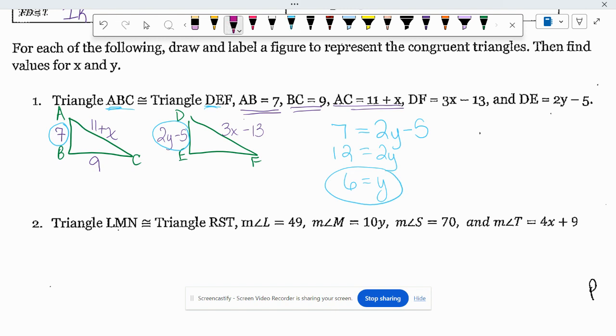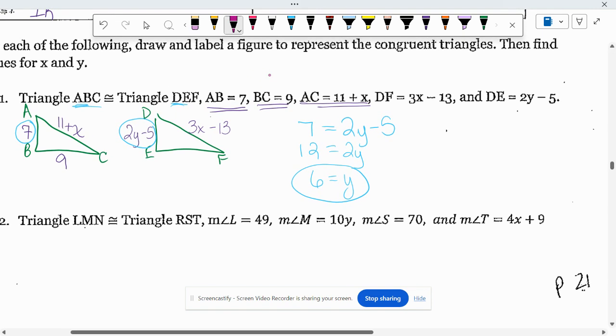Now I have to solve for x. What are the corresponding sides that are going to allow me to solve for x? Yeah, AC and DF. AC is 11 plus x, and segment DF is 3x minus 13. I'm going to subtract x from both sides, and I'm going to add 13.